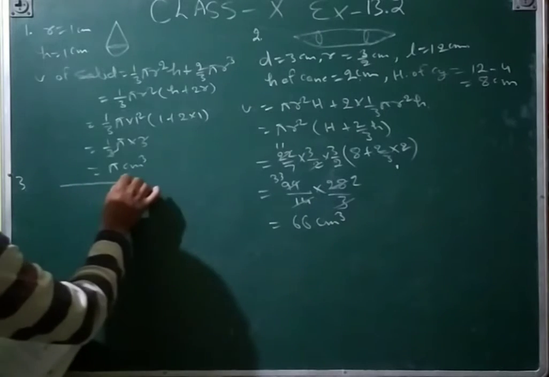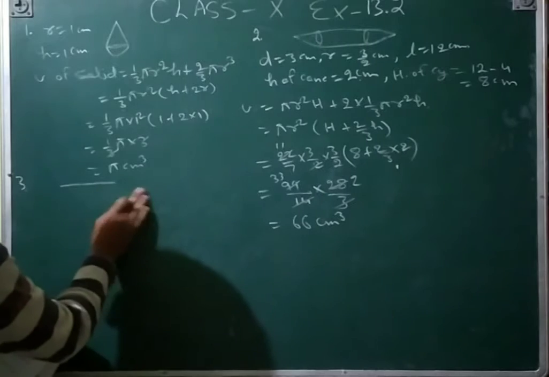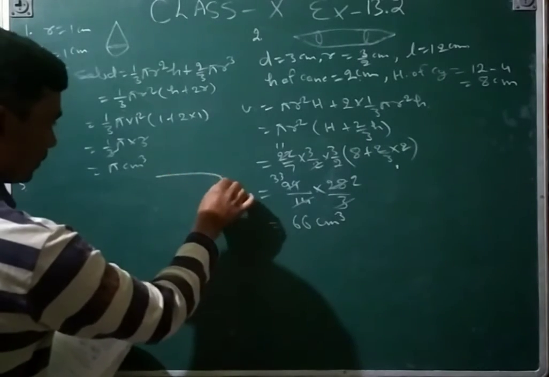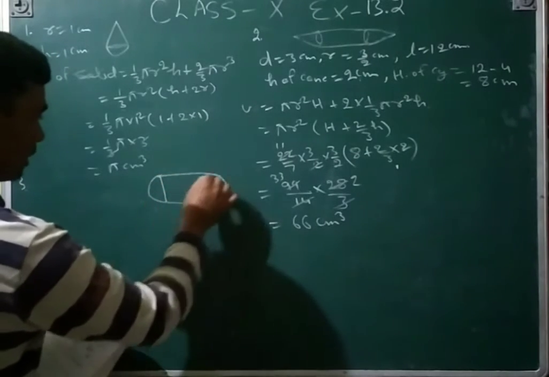So first of all we will draw the diagram. This is a gulab jamun, cylindrical, with two hemispheres attached here.